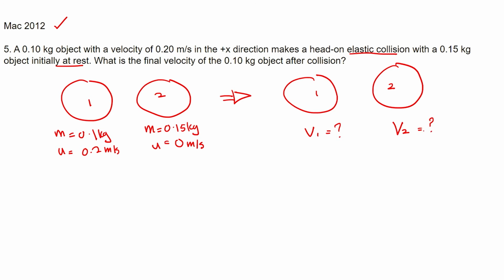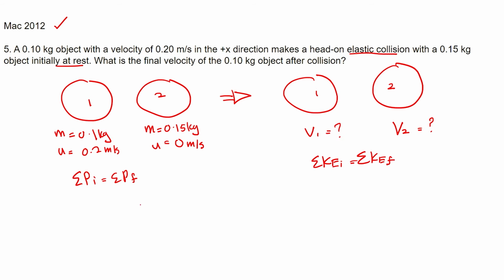In general we need two or more equations to get this answer. What we understand is that this is an elastic collision, so it has both conservation of momentum, total momentum initial equals total momentum final, and second, total kinetic energy initial equals total kinetic energy final.